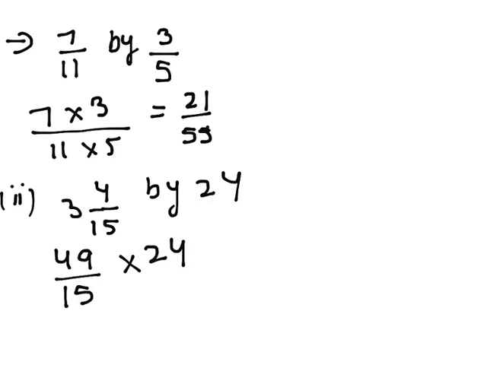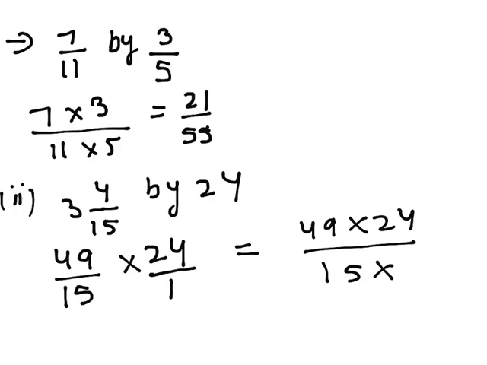In this we don't have a denominator, so it will have 1 in the denominator. So we will multiply 49 by 24 and 15 by 1. So 49 times 24 and 15 times 1, and after that we will change it into the simplest form. But 49 times 24, when we do it, will take time.